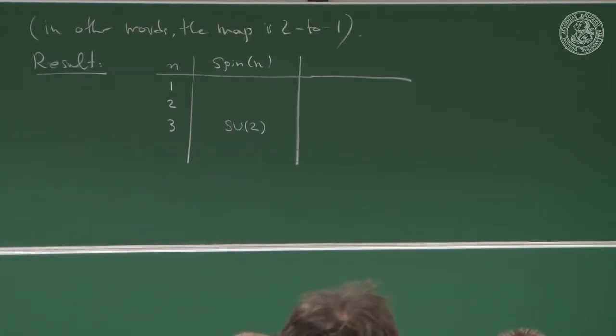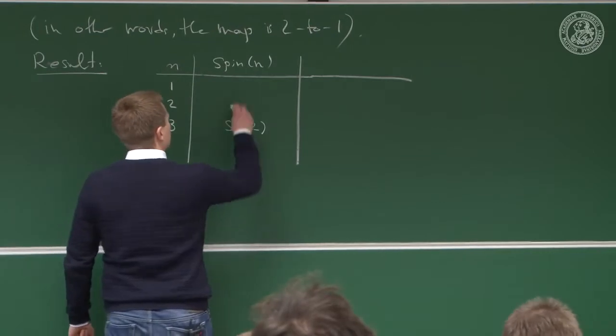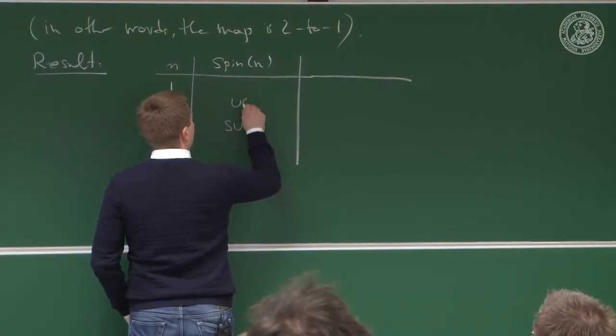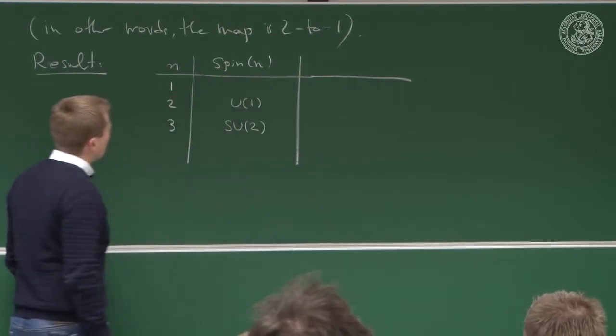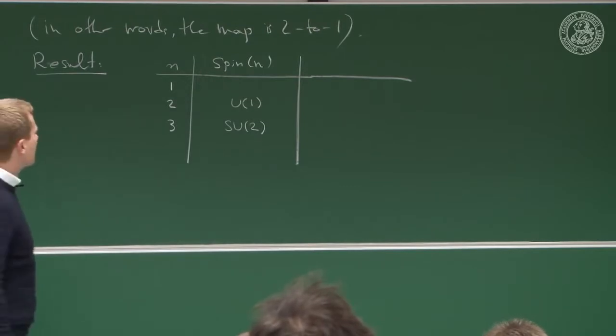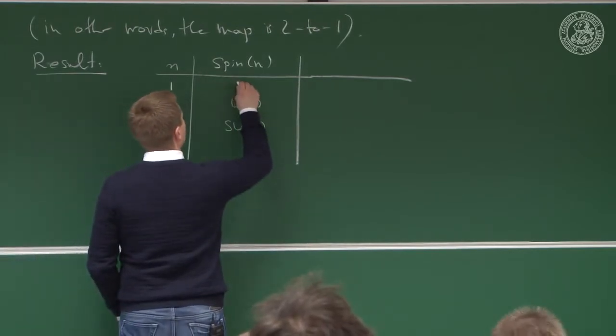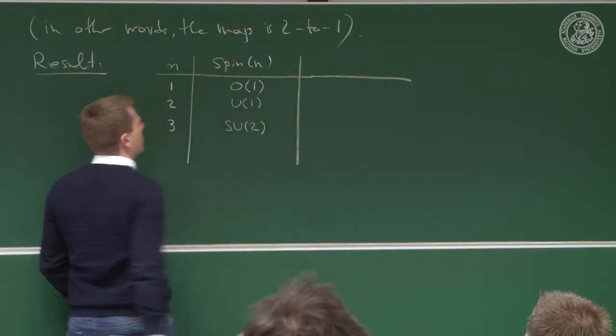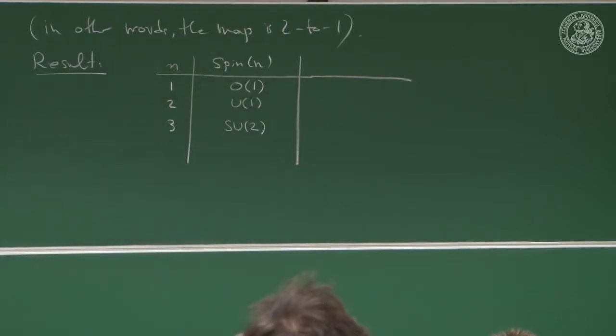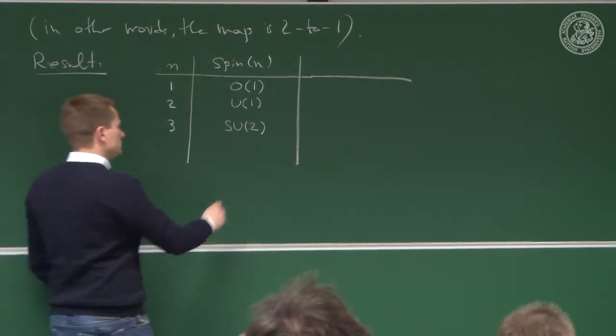So if n is 3, then SU2 does this trick, and we'll study that in detail. In 2 dimensions, it's U1, I think. And in 1 dimension, it's O1. Okay? And that goes on.